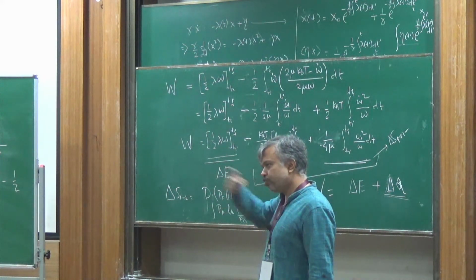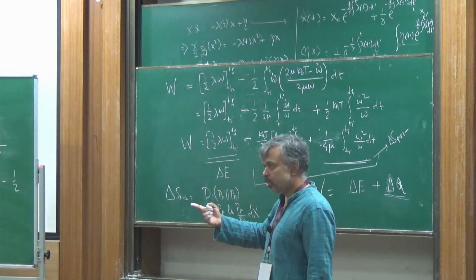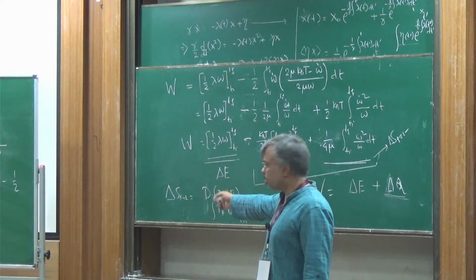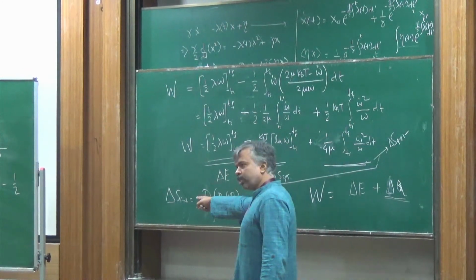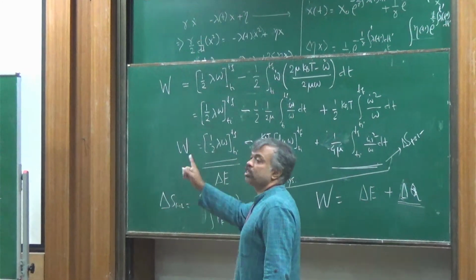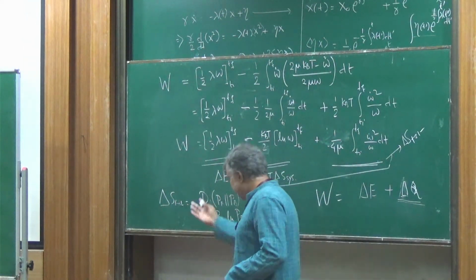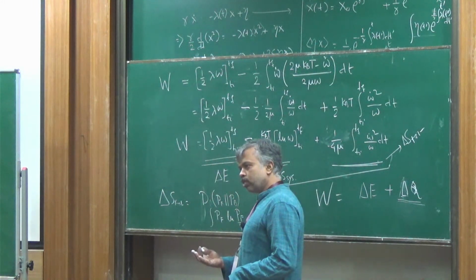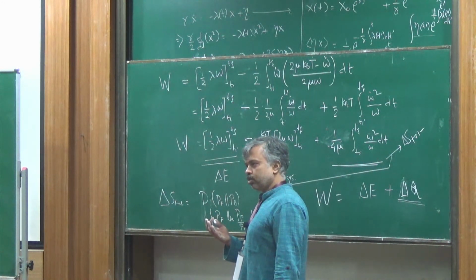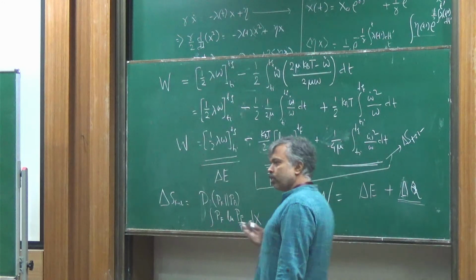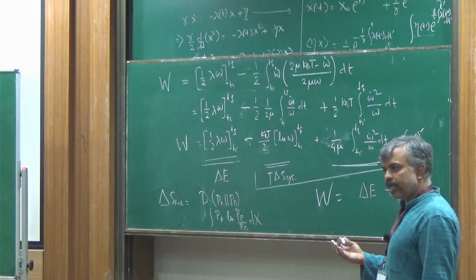Because there is dissipation, and that is measured by this. If these two are equal, then this is 0, so delta S total entropy is 0. That means no dissipation. This is a reversible or quasi-static case. When there is a difference, then delta S total is non-zero, giving a measure of dissipation. Clear? Dissipation of what? The system, the particle. Energy. Okay.